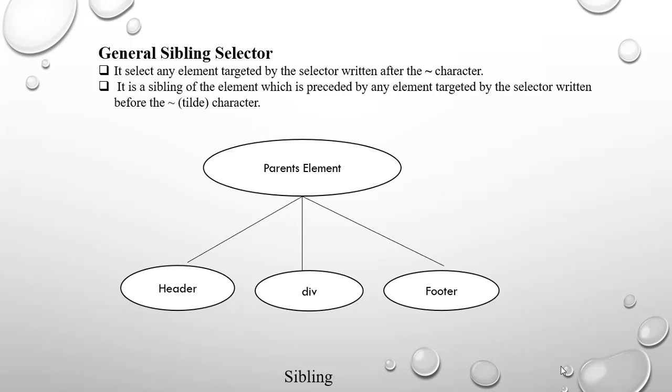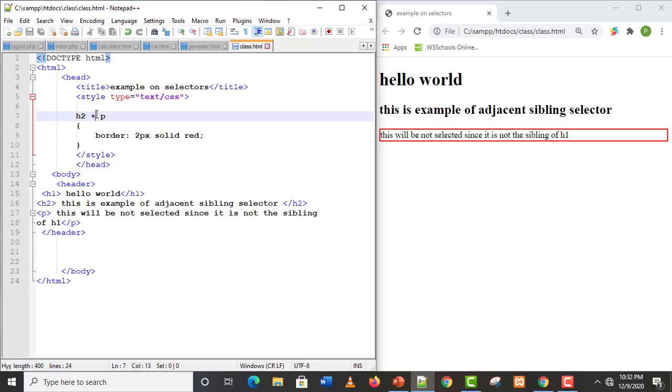Any selected elements which are written after the general sibling selector will be affected. It need not immediately follow its previous element, unlike the adjacent sibling selector.